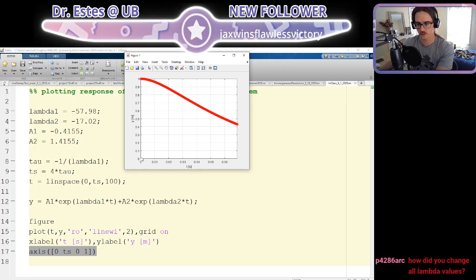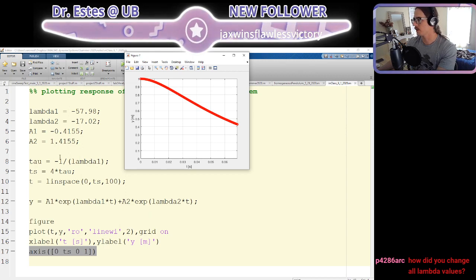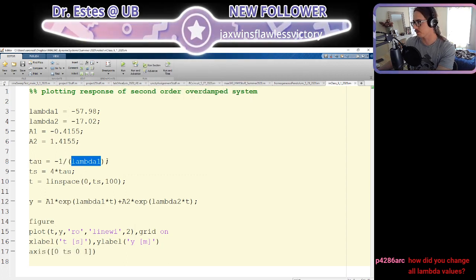How did you change all lambda values? Oh, I didn't change lambda. Like you can see in the code, I defined them up here. All that I did right now is I said, what if instead of choosing the slowest root for my time constant, what if I chose the fastest root, lambda 1?